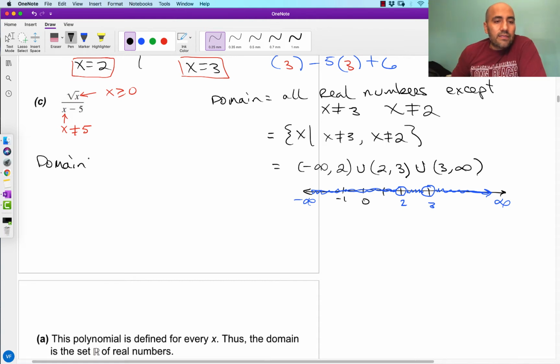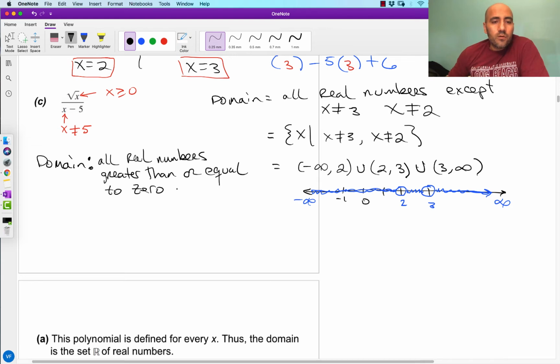The domain in this case is going to be equal to all real numbers greater than or equal to 0, except, you have to also skip, except x can't be equal to 5.